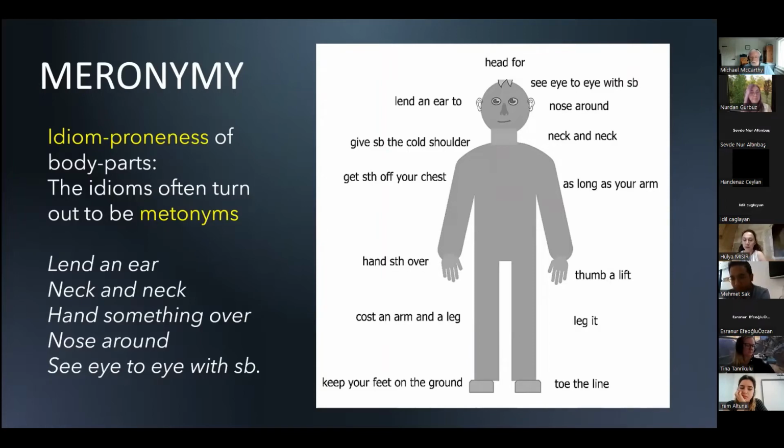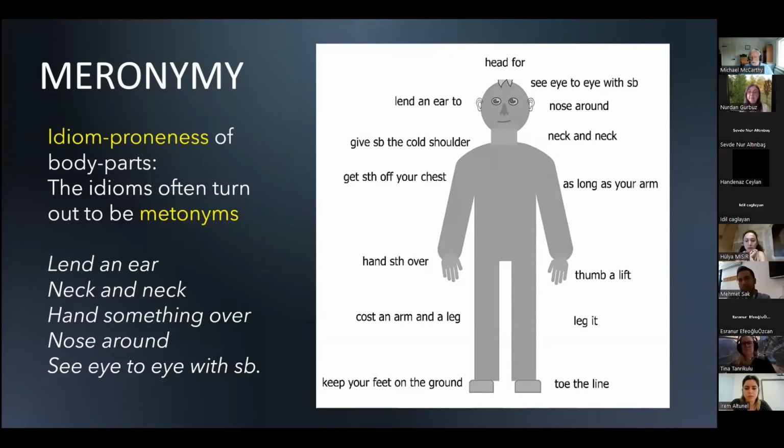You can be realistic and keep your feet on the ground, not be engaging in fantasies. You can see eye to eye with someone, to agree with them, to think the same way. You can nose around, that is, enter into areas of privacy that should not concern you. You can be neck and neck with someone, absolutely equal with them.